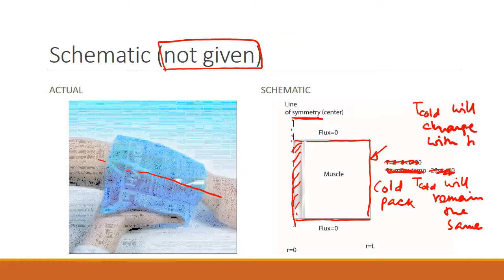Why I crossed out that one is, for this case, if this temperature keeps changing, we will learn later on that the simple analytical solutions that we will use would not work. So you see how we are simplifying the problem for our purpose. We're simplifying in a way that we can solve using the tools that we would learn in this class.